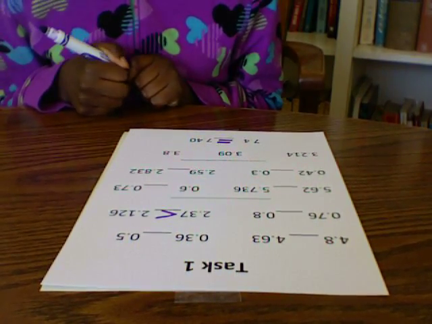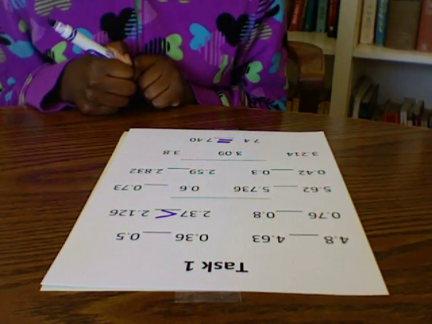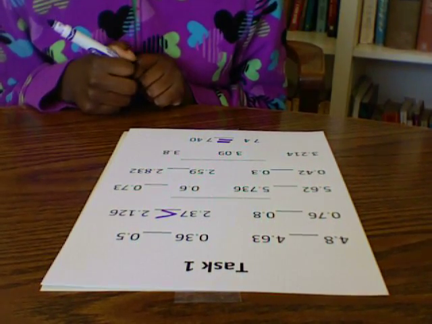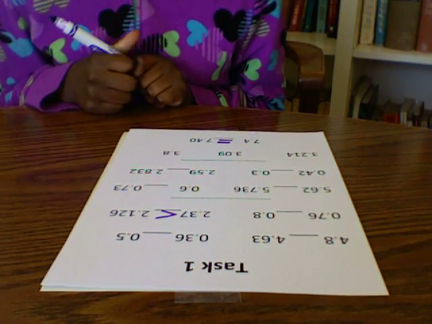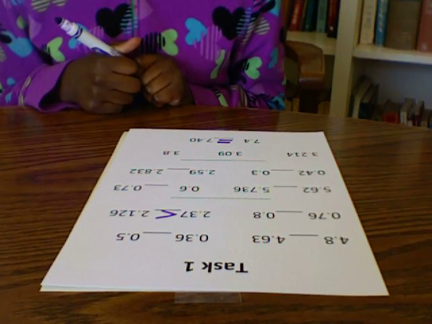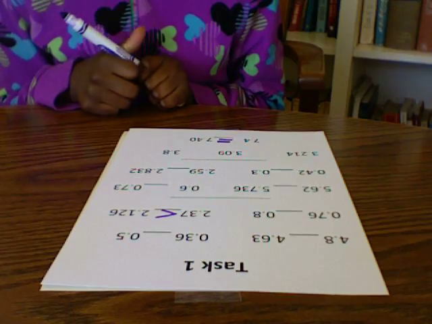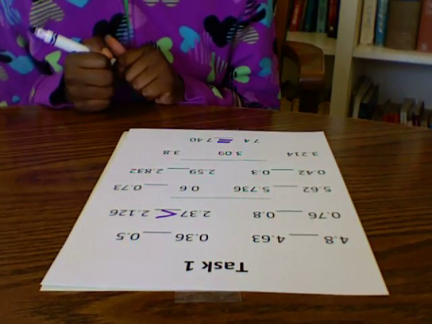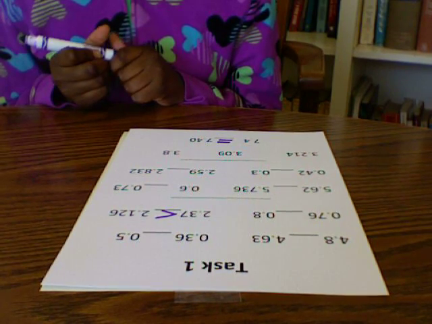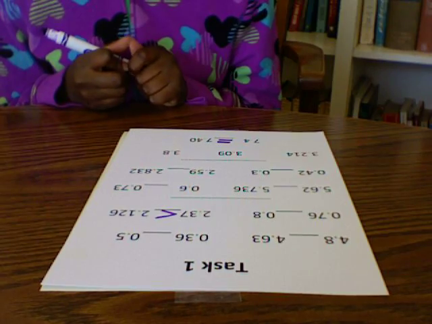Because 37 hundredths is less than 126 millions. Oh wait, that's thousands, right? 2 and 126 thousandths. Which one is less than? 2 and 37 hundredths. It's less than. Gotcha. And tell me, how do you know it's less than?